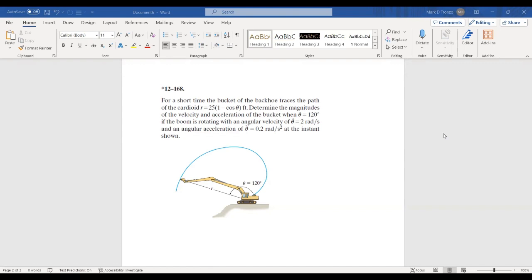Now, this time, notice that R and theta are not given explicitly as functions of t. So this time we're going to have to do implicit differentiation, because R is not a function of t explicitly and theta is not a function of t explicitly.